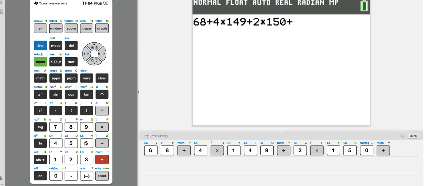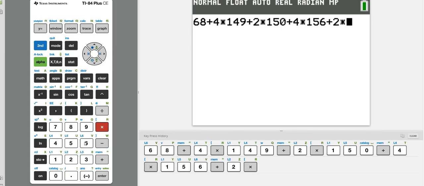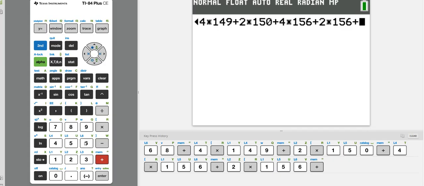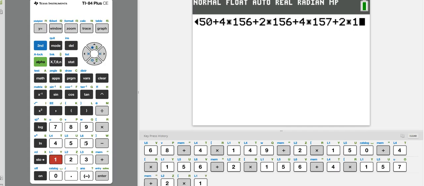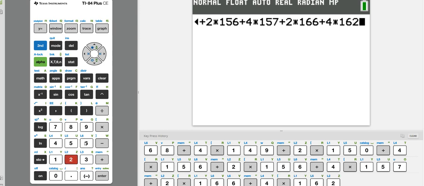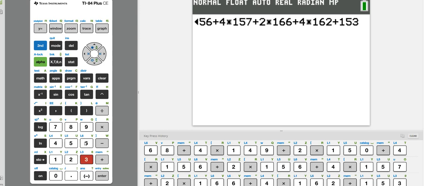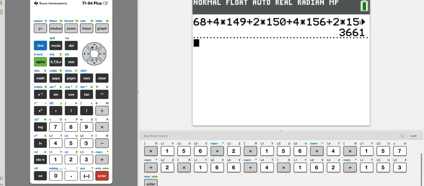Plus 4 times 156 plus 2 times 156 plus 4 times 157 plus 2 times 166 plus 4 times 162 plus 153, times 5 divided by 3.